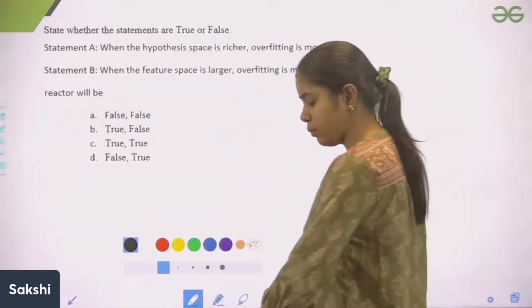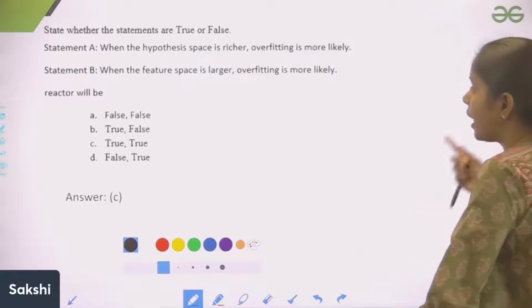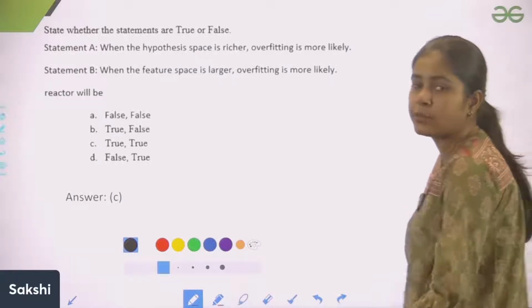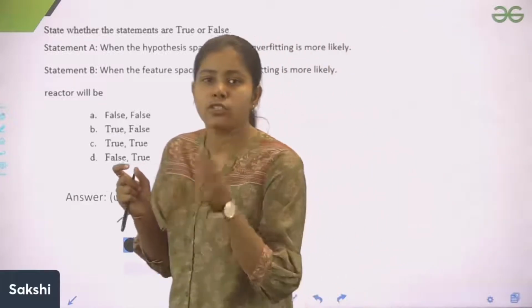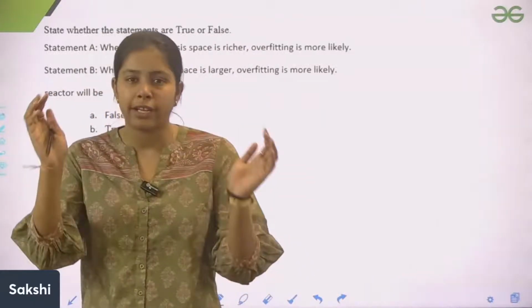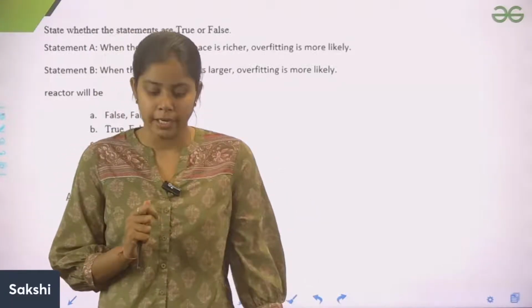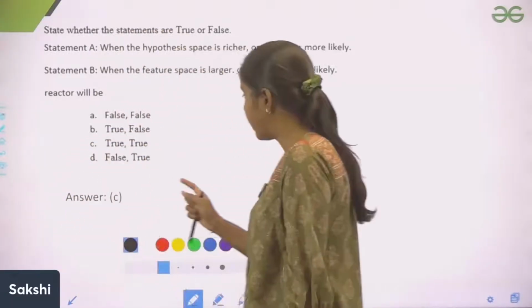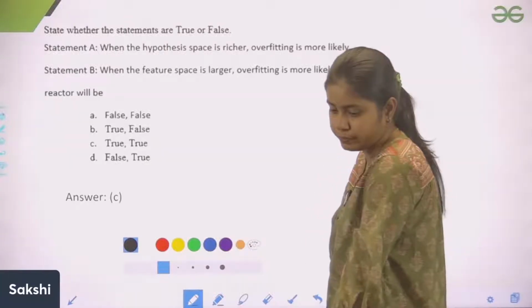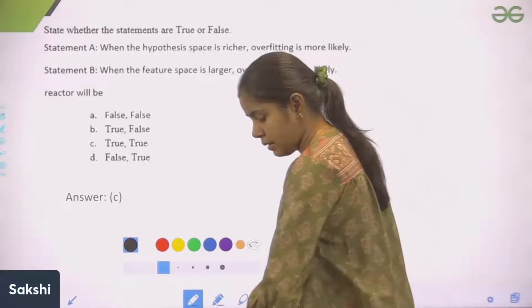Because we'll add more features. More features would help us get overfitting. And also, with the hypothesis space, we have applied so many conditions on our model. So the model would try to fit the training data, and we'll get overfitting, right? So here, C is true. C is correct, guys.